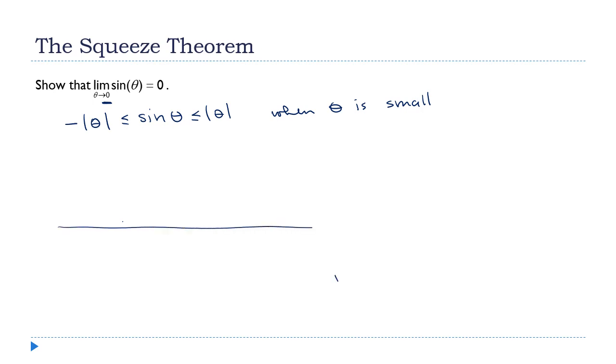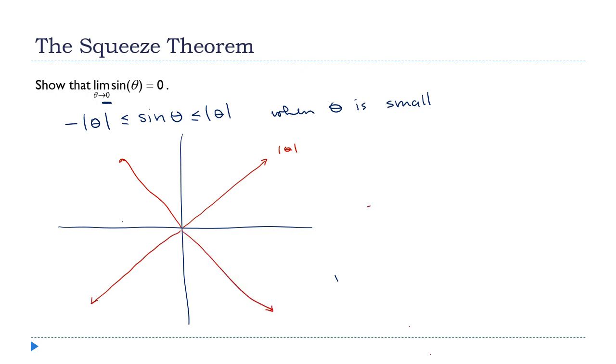Right, let's try a quick sketch. The absolute value of theta looks like this. Work with me, pretend these lines are straight. The absolute value of negative theta looks like this, the negative absolute value of theta looks like that.